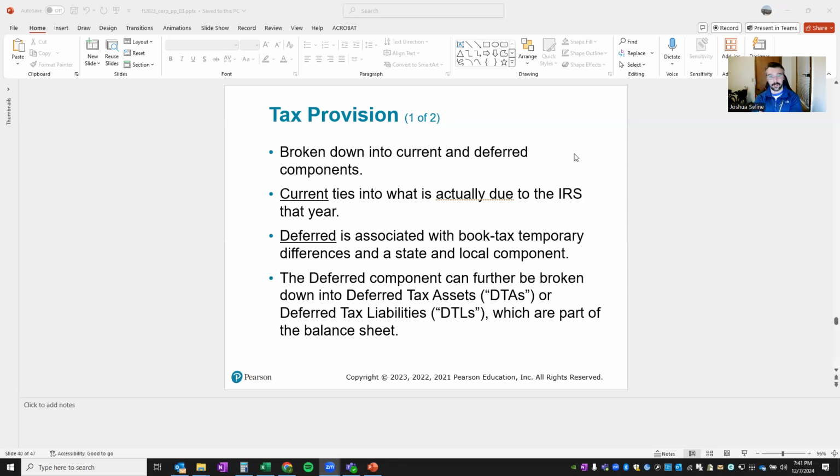Current is current; deferred is this difference happened earlier, and we are deferring that gain. The deferred component can further be broken down into deferred tax assets, which would be a refund that I'm deferring, or deferred tax liabilities, and those go on the balance sheet.